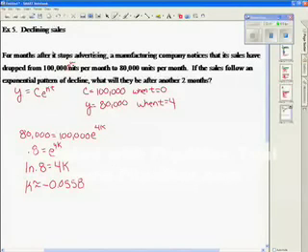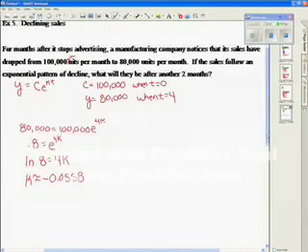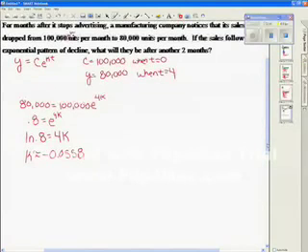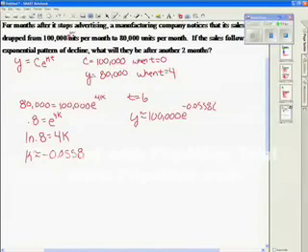Okay, so now we know what a couple of things are. We knew our C because that was our constant. That's what we started with. So when we want to know when t equals 6, because it's after 2 months, we can write the equation y is approximately 100,000 times e to negative 0.0558 times 6.